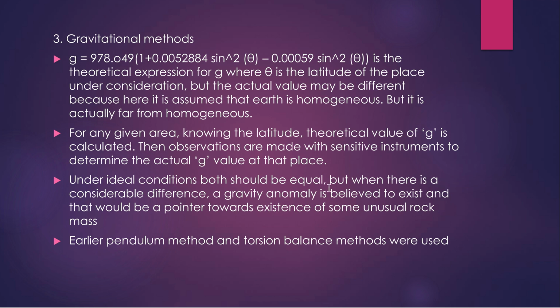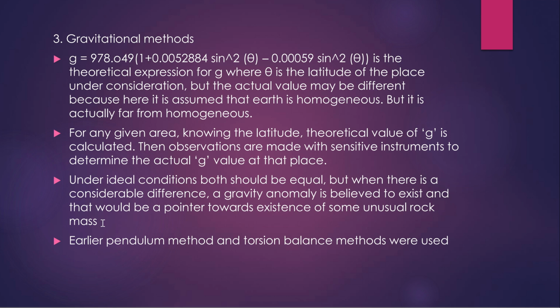But when there is a considerable difference, a gravity anomaly is believed to exist, and that would be a pointer towards the existence of some unusual rock mass. This difference between the theoretical value of G and the actual value of G is called a gravity anomaly. So a gravity anomaly shows the existence of some unusual feature in the rock mass.